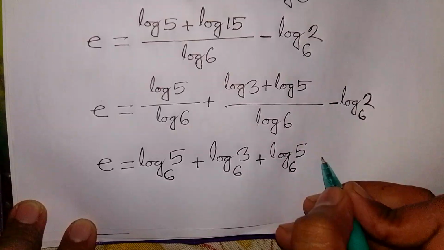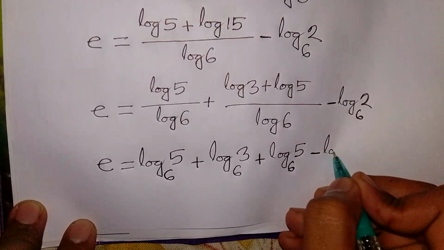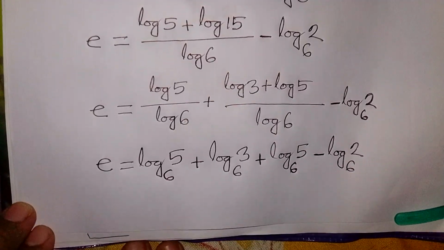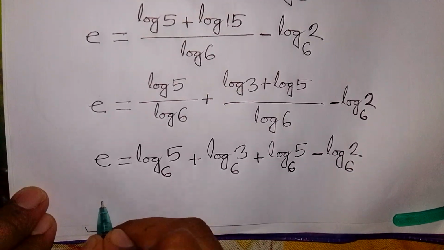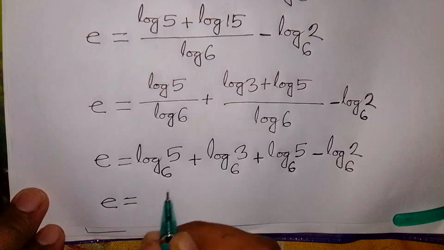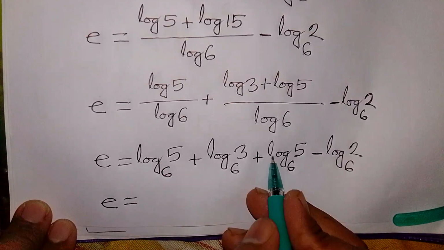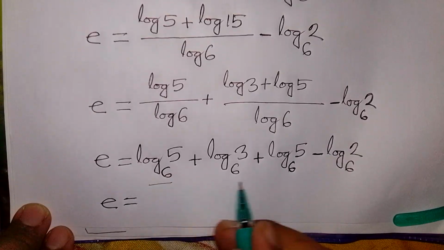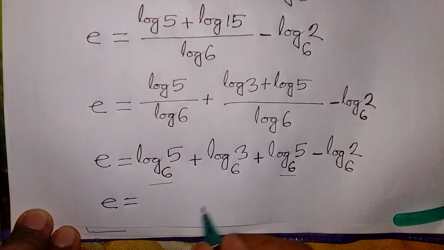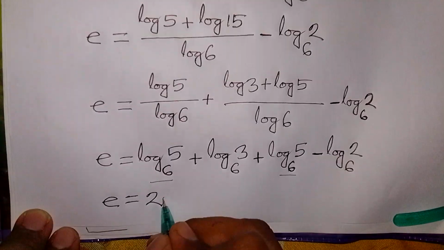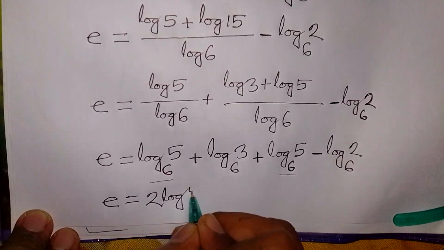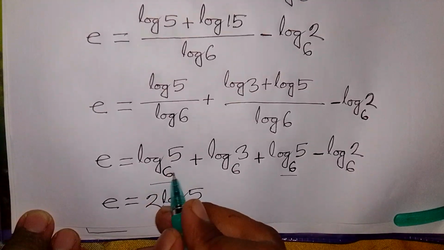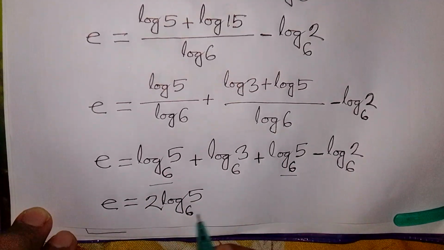Here subtract log 2 base 6. Now a will be equal to here log 5 base 6, here log 5 base 6. So this plus this is the same as 2 log 5 base 6.